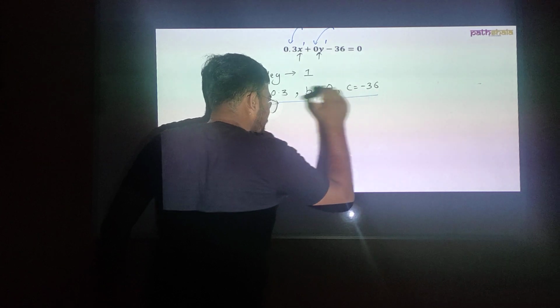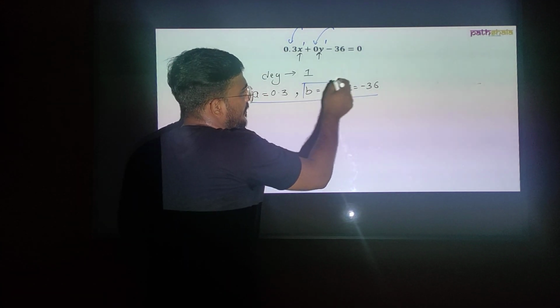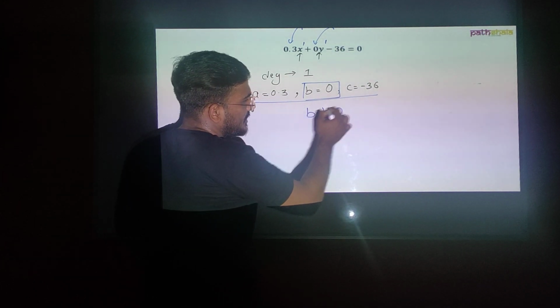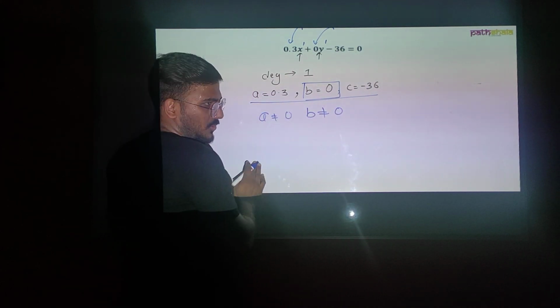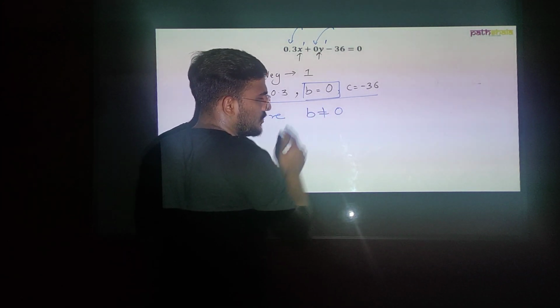Now children, this condition says that these three are real numbers, but one of the coefficients, b, is 0. This is not acceptable. Hope you remember, b should not be 0, a should not be 0. But in this case, b is equal to 0.